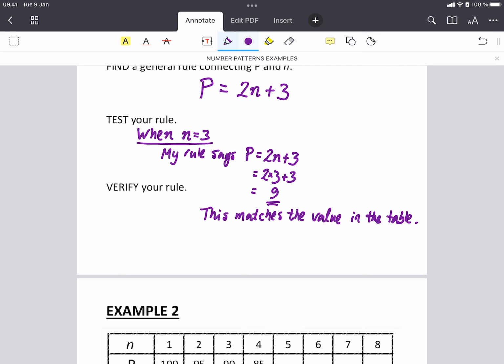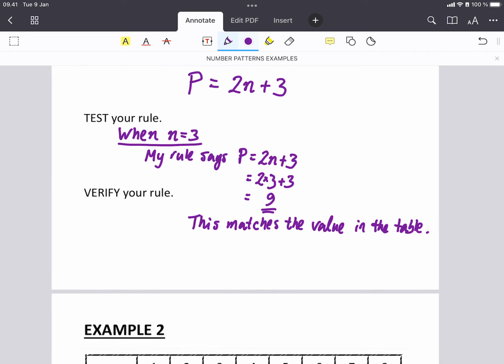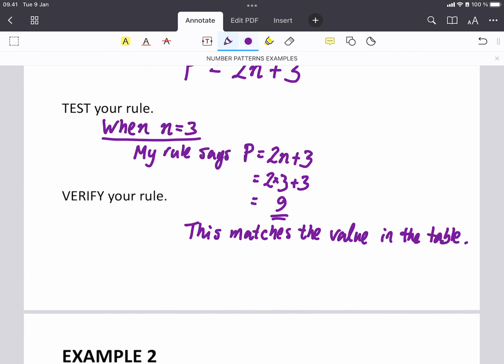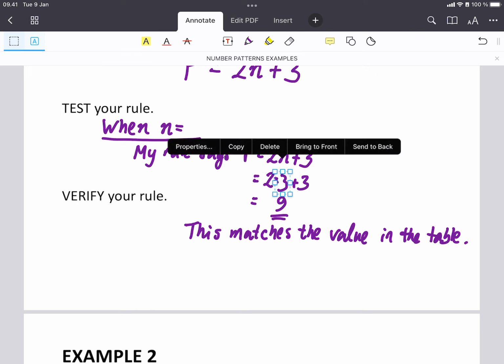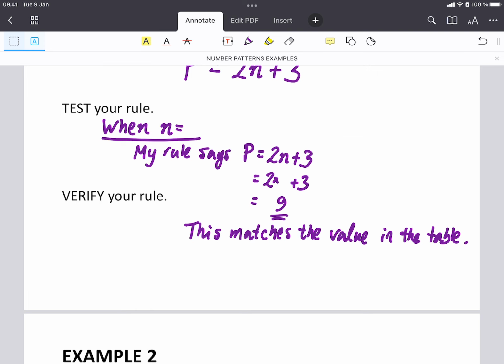So I might do it when n equals 3, and then I might do exactly the same when n equals 4. So when n equals 4, my rule says P equals 2n plus 3, which will be 2 times 4 plus 3, which will be 11.